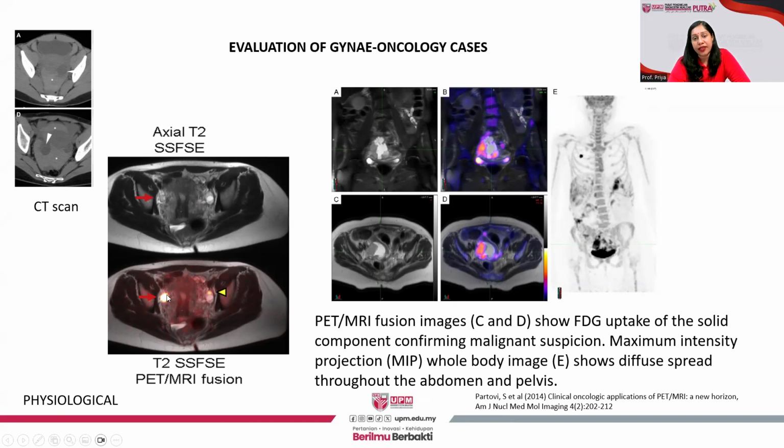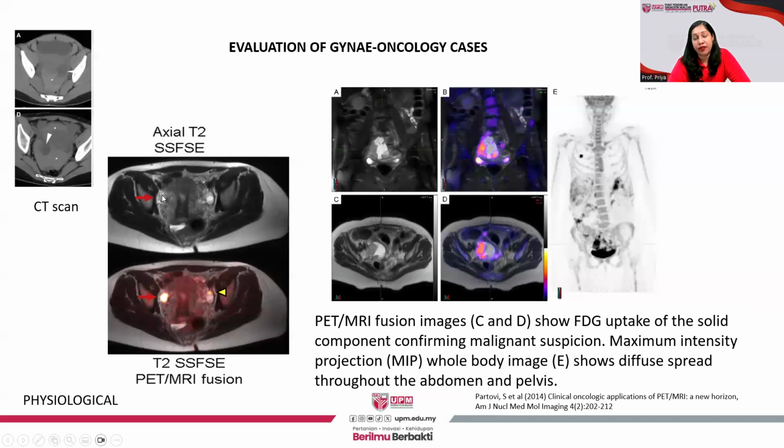Although there is high uptake on the PET-MR imaging, this is actually physiological because of certain glucose metabolism during the different phases of the menstrual cycle in a premenopausal woman.